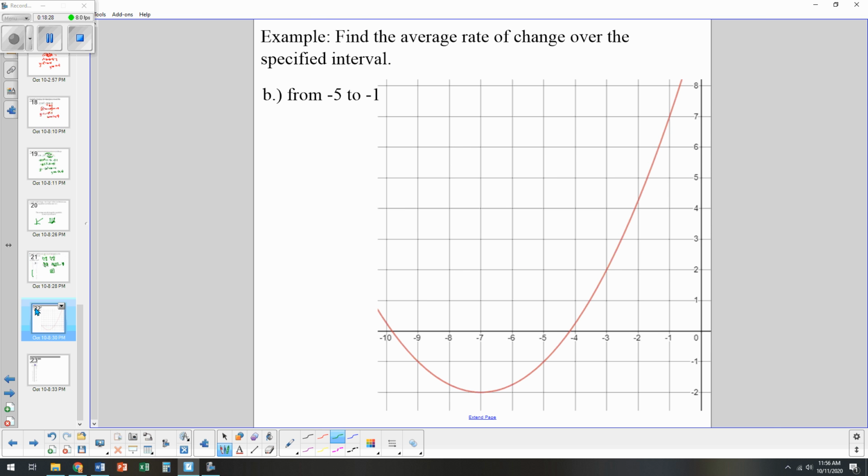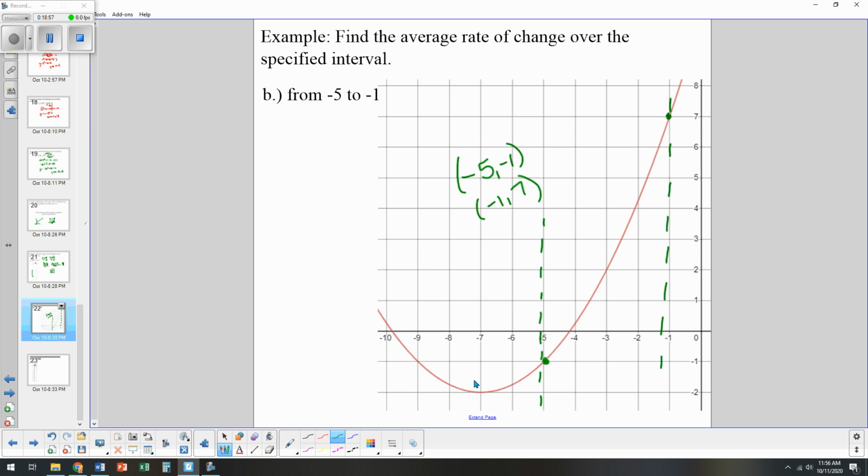We could also do it with a graph. If we want to find the average rate of change over this interval, we're going from -5, which was here, to -1, which was here. So we're looking for the slope, or the average change, of this line here. We're starting at (-5, -1) and going to (-1, 7).